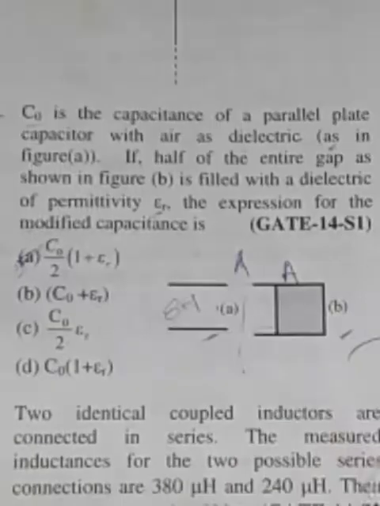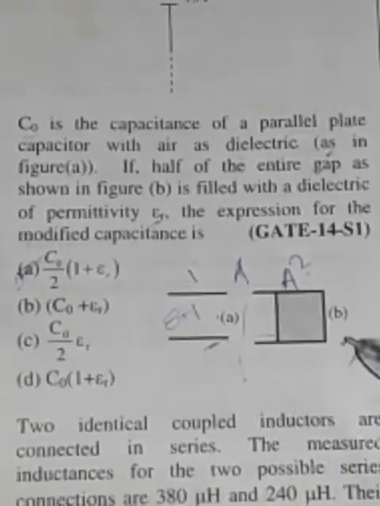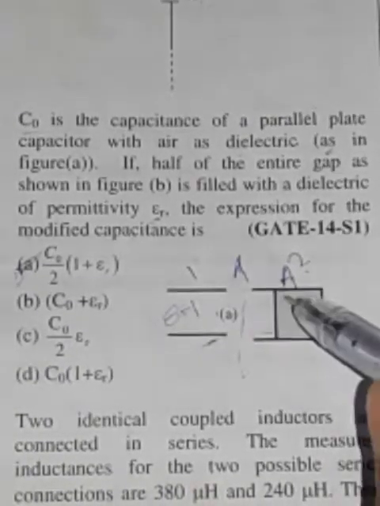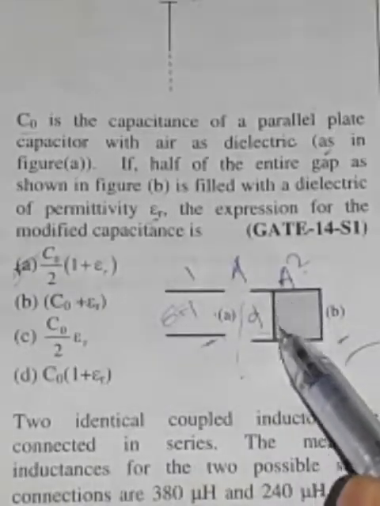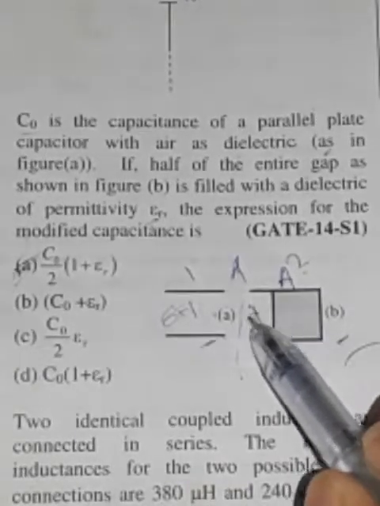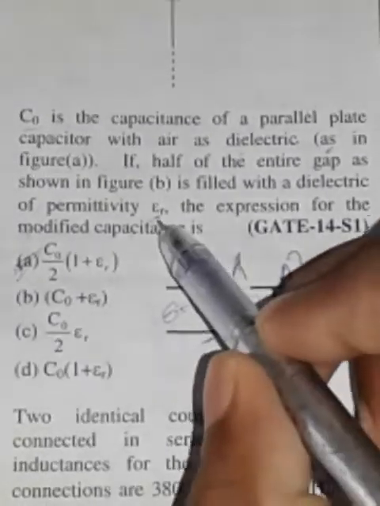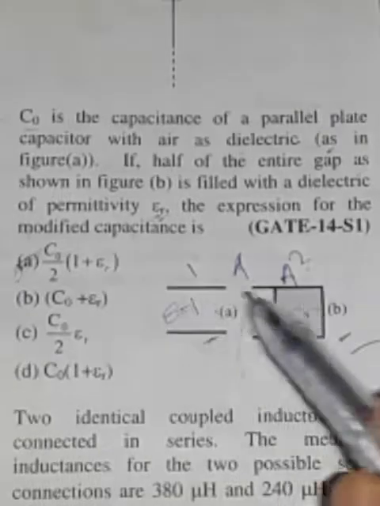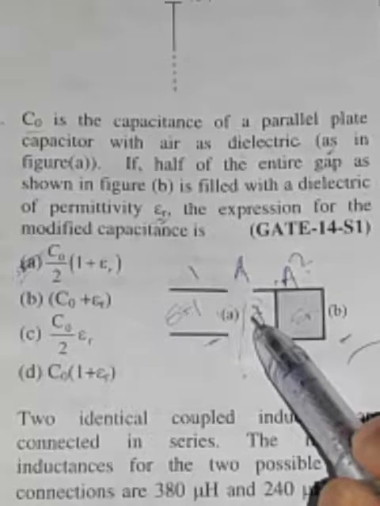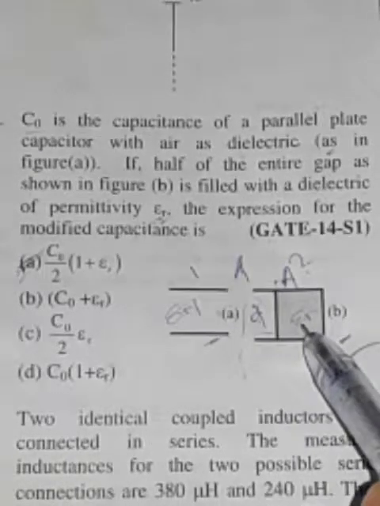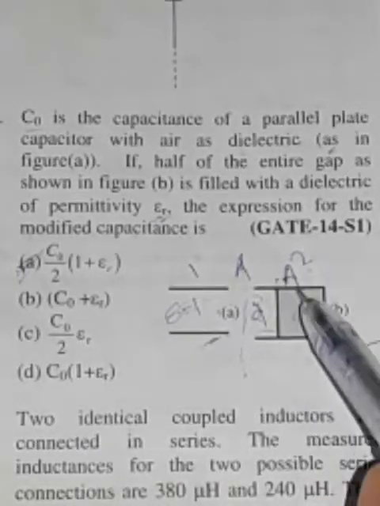The area is divided but D remains constant. One division is air, with dielectric constant 1, and the other division has dielectric permittivity epsilon R. So they divided one capacitor into two ways, one with air dielectric and the other with some other dielectric. They are asking what the modified capacitance is.